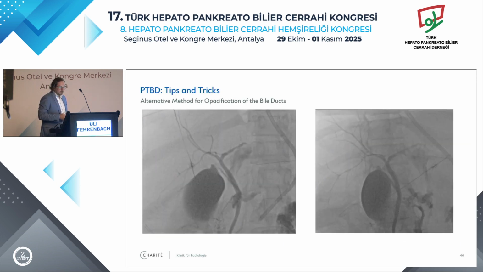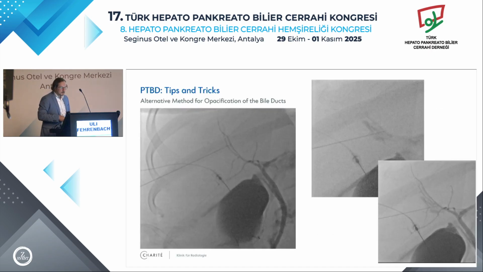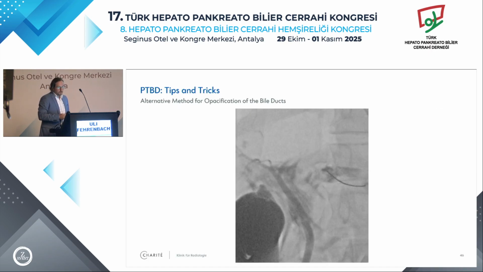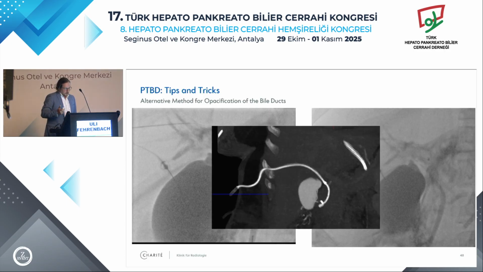I needed a few attempts from the right and left side, and then again the right side, and after that I could put in the drain to heal the duodenal stump insufficiency. It looks like that because the patient was so big, the drain was at its limit.